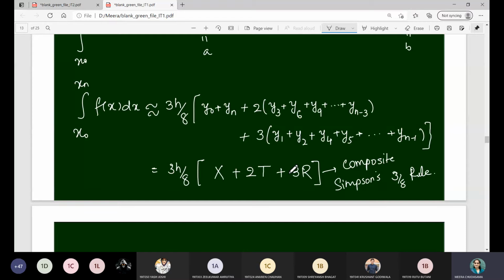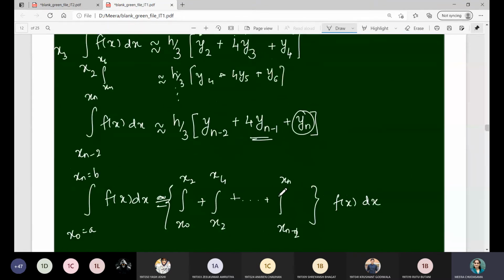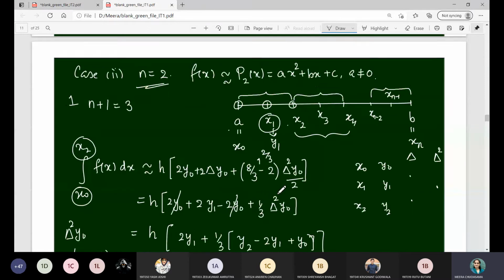Before moving ahead to the example, I would like to give you a notice about these two methods we have derived. The case n equal to 2 corresponds to Simpson's 1/3 rule, in which we have considered a subinterval of length 2. Here also it is of length 2, and here also.